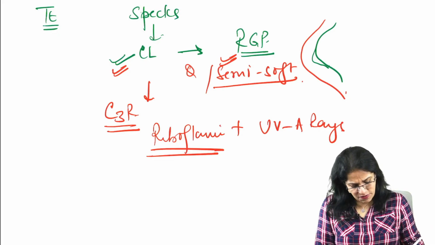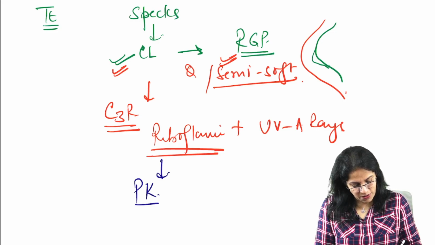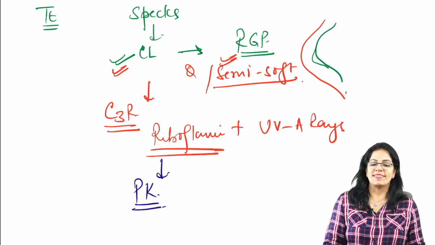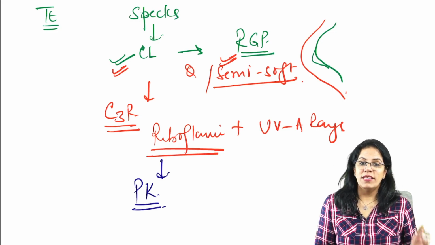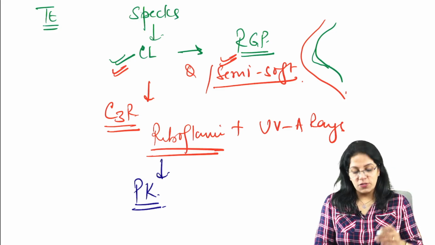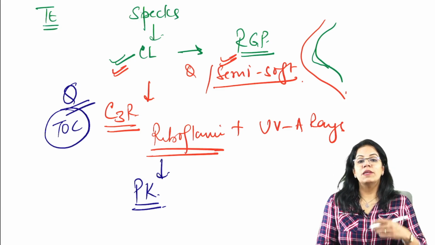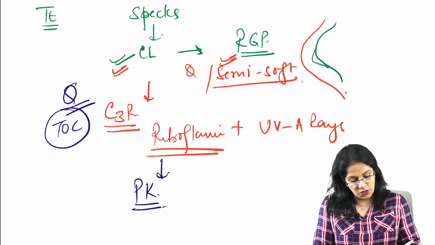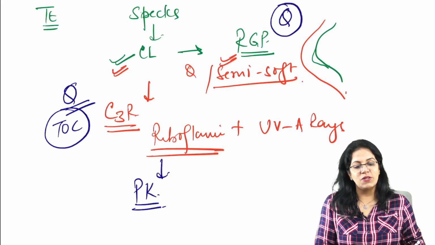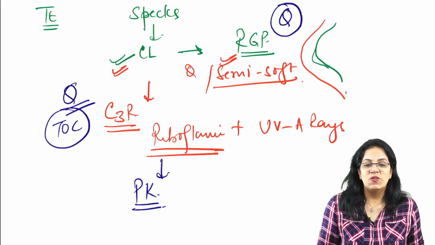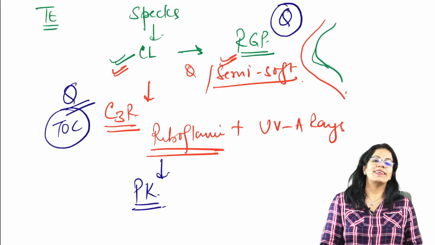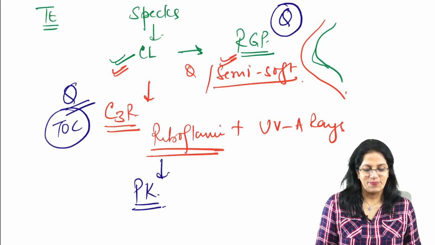Yeah. And if this is also not working, our final resort always is to replace the cornea, that is penetrating keratoplasty. Right? So let's remember all this. If they ask you the treatment of choice, we can answer here C3R. If they ask the contact lens of choice, then we answer contact lens of choice is RGP. So many questions from this topic. Please learn it nicely.